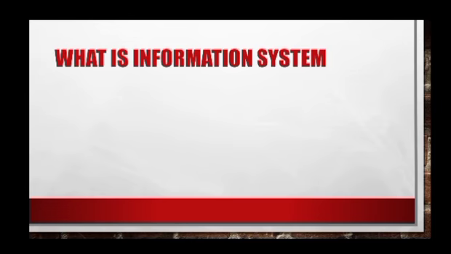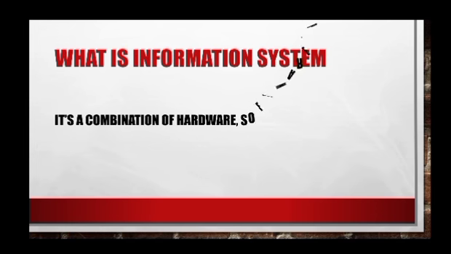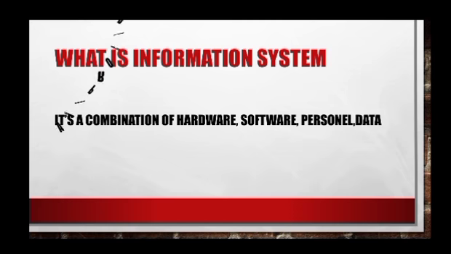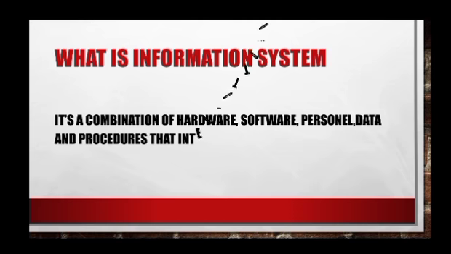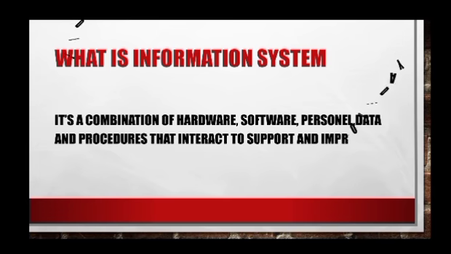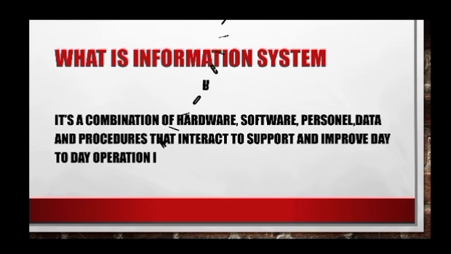So what is now an information system? You have defined information communication technology, but we also have information system. It's a combination of hardware, software, personnel, data, and procedures that interact to support and improve day-to-day operations in an organization.